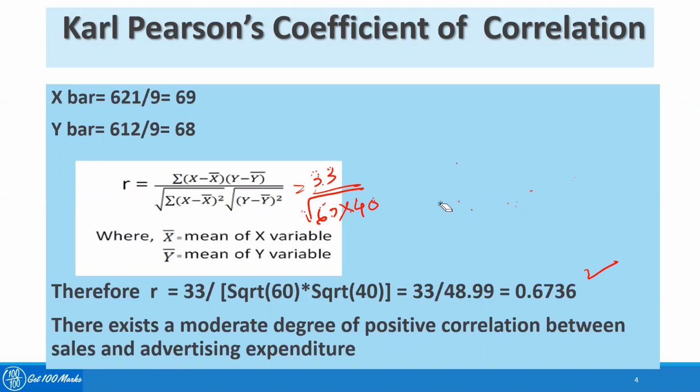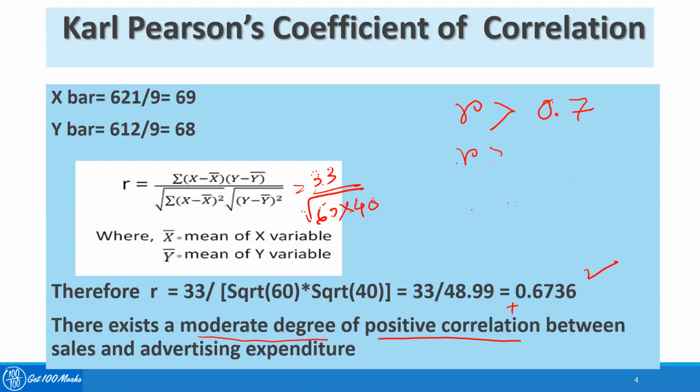Now let's understand how the correlation is. We got the value of r as 0.6736, and the relationship is positive. So we can tell this is a positive correlation and it has a moderate degree. Now how do we decide which is a high, low or moderate degree? Normally, if the correlation coefficient r is greater than 0.7, we say there is a high degree of correlation.